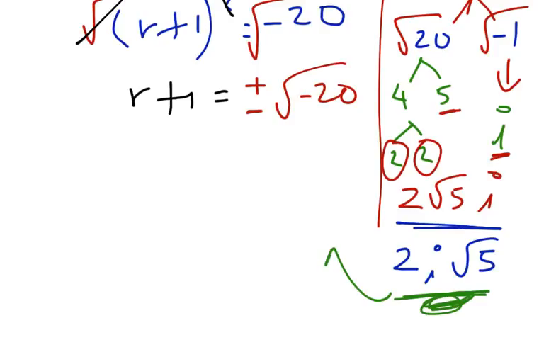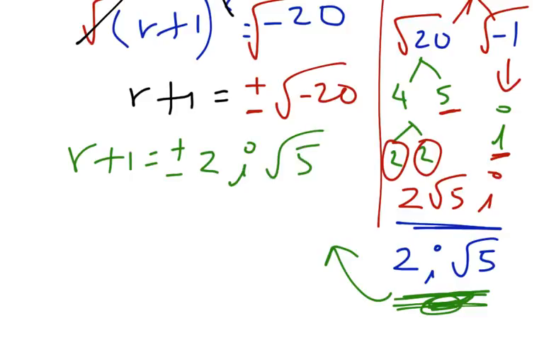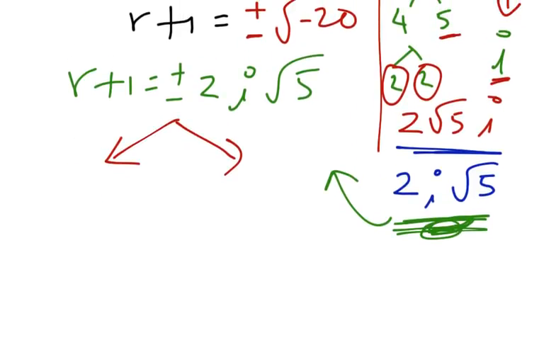So let's bring that over here. I have r plus 1 equals plus or minus 2i square root of 5. From there, I'm not ready to break it into 2. You see that? I'm skipping a step.